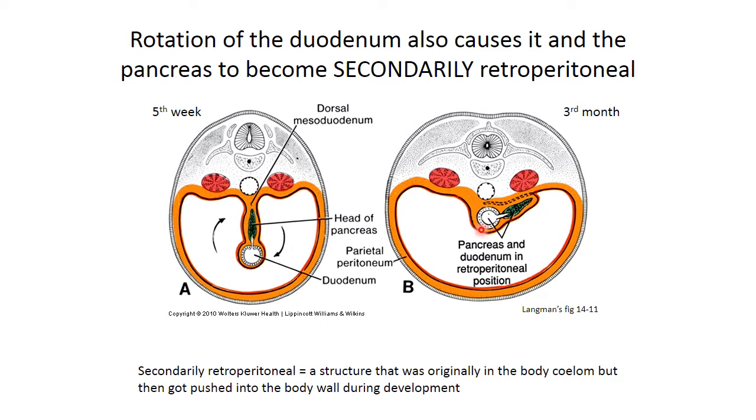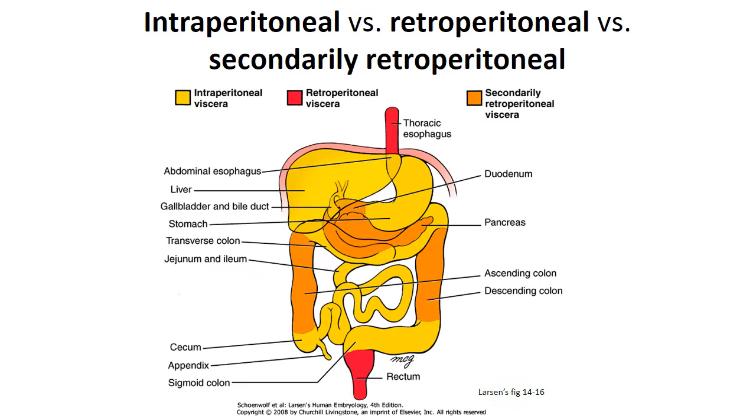So the duodenum moves along with it and becomes a C-shaped structure. Also its mesentery, when it comes very close to the posterior abdominal wall, is plastered to the posterior abdominal wall and its mesentery fuses there. So they become secondarily retroperitoneal structures.